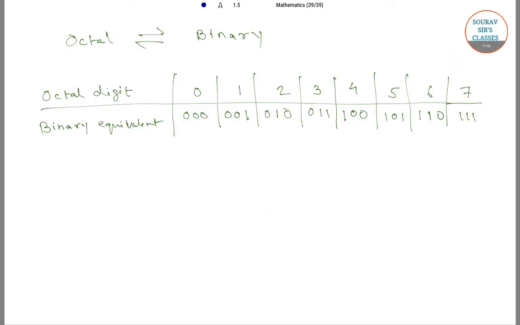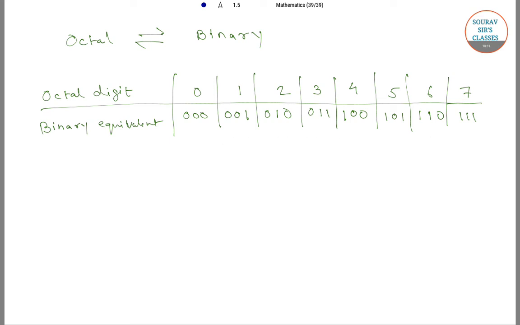Next is conversion between the octal system and the binary system. For this conversion, the following table will help in quick conversion, where the octal digits 0, 1, 2, 3, 4, 5, 6, 7 have the following binary equivalents.